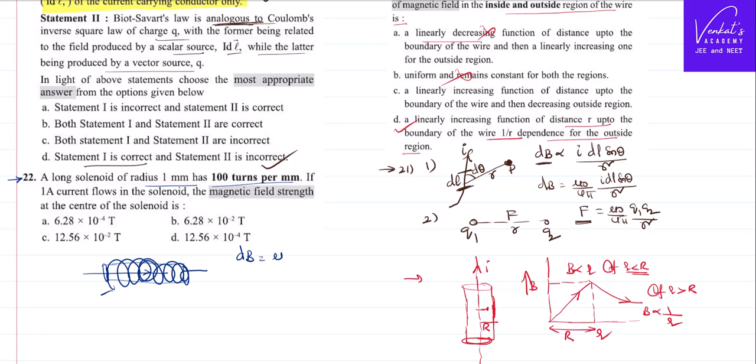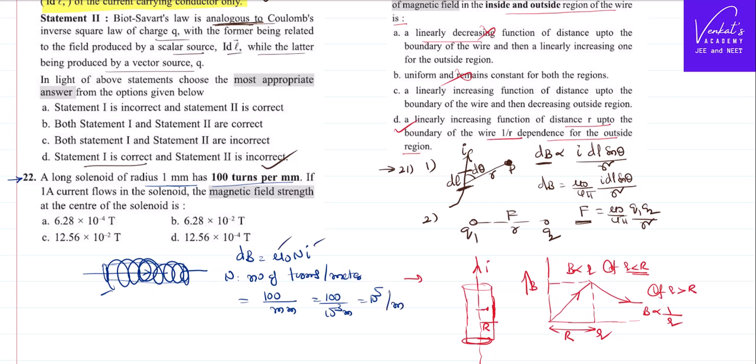We have derived a formula, that is mu naught n I, where n is the number of turns per meter, but what is given is 100 turns per millimeter. I have to convert that into meters. 1 millimeter is 10 power minus 3 meter, so that is 10 power 5 turns per meter.